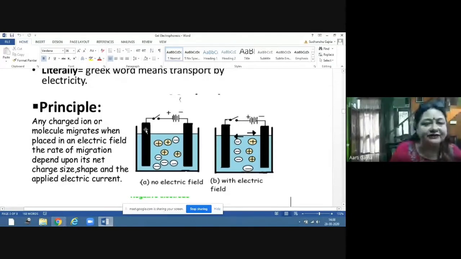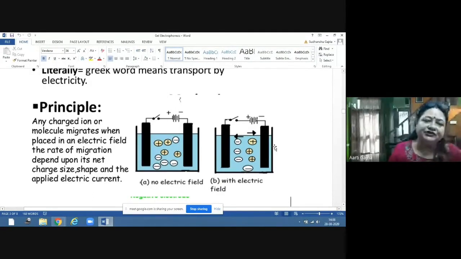So these are the two electrodes, and once the electric field is on and electricity is passed, what will happen? The negatively charged ions or molecules will move towards the anode, and the positively charged ions or molecules will move towards the cathode.